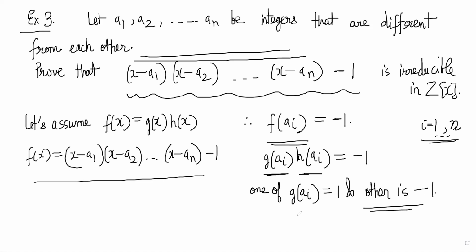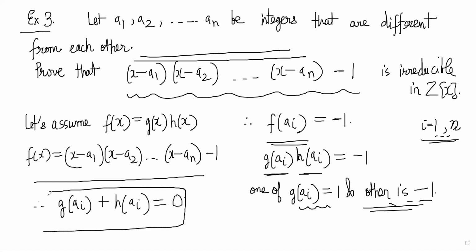So without loss of generality, we can assume either one to be 1 and the other one is -1. That therefore means that g(a_i) plus h(a_i) is equal to 0. And this relation is true for all a_i's where i goes from 1 to n.